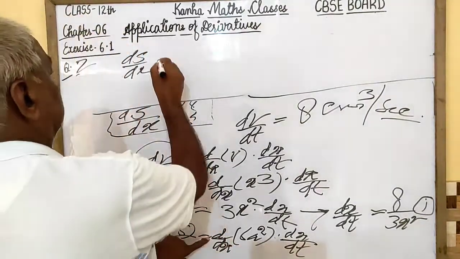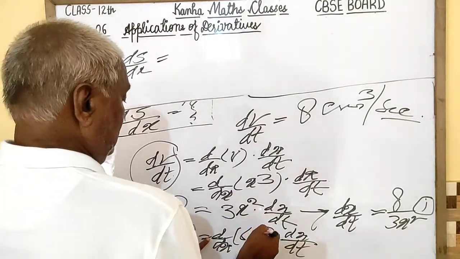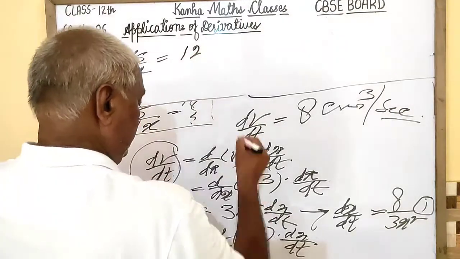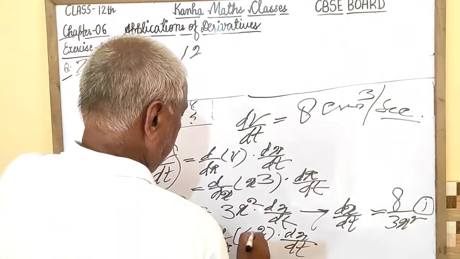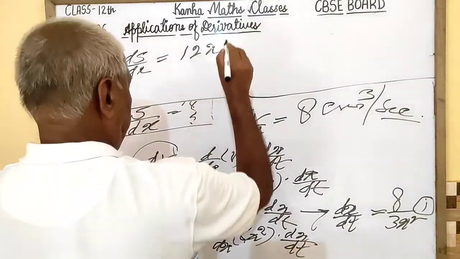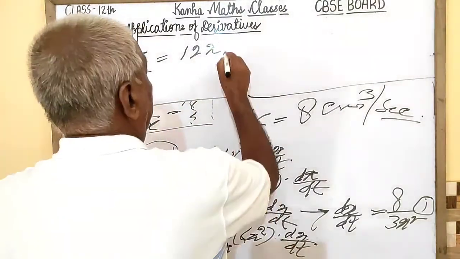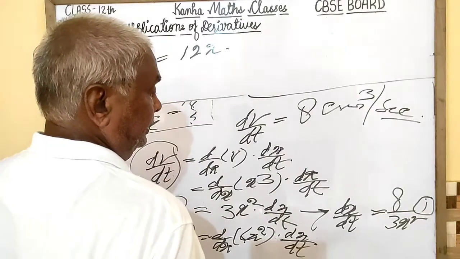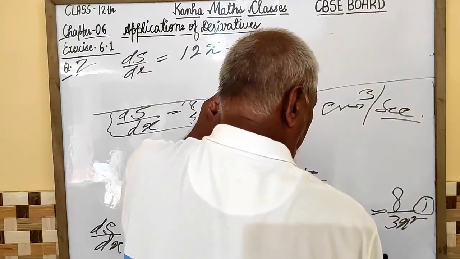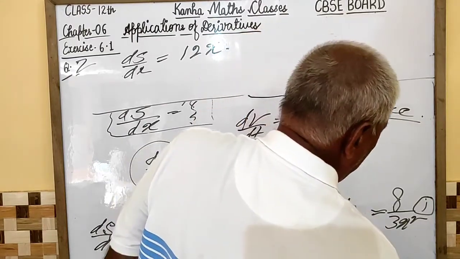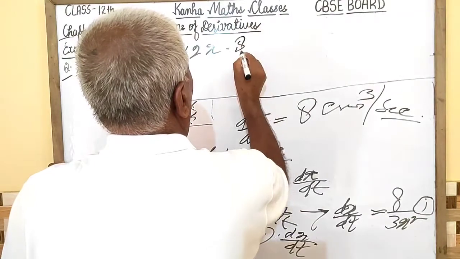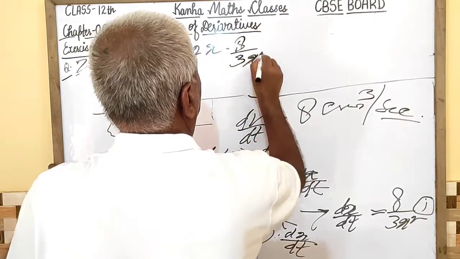See 6x square, 2 into 6 means 12x, into dx by dt. dx by dt from the equation 1 we have received 8/3x².